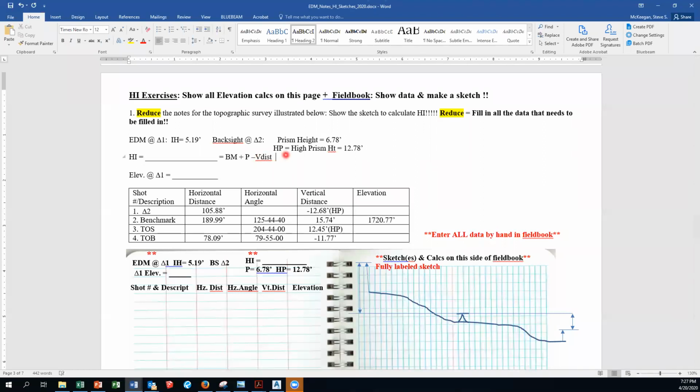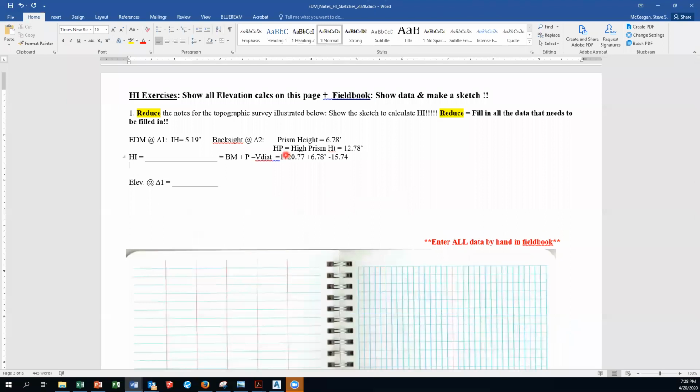So that's equal to 1720.77 plus the prism, which was 6.78, minus 15.74.